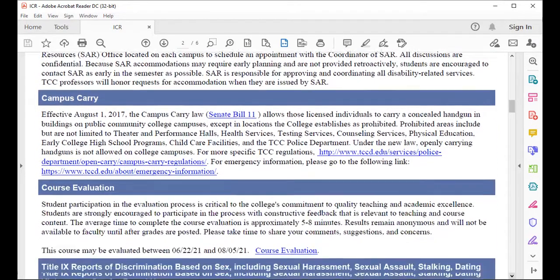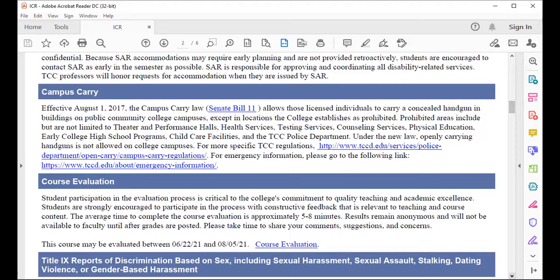Next thing on my syllabus is campus carry. I'm not really a gun person, so I'll just talk about this and then we'll move on. But Senate Bill 11 of Texas says that all colleges that receive state funding allow their students to carry a concealed licensed handgun.